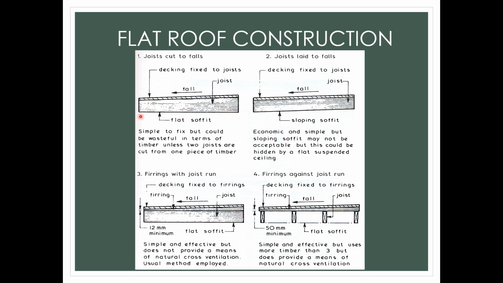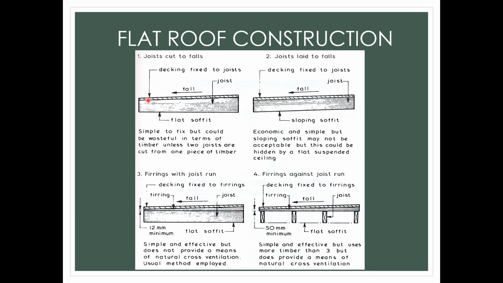This is a joist. Normally this is the wall and then it is connected with this joist. So this joist is cut with a slight slope on top of it to form some fall, for the rainwater to go down.